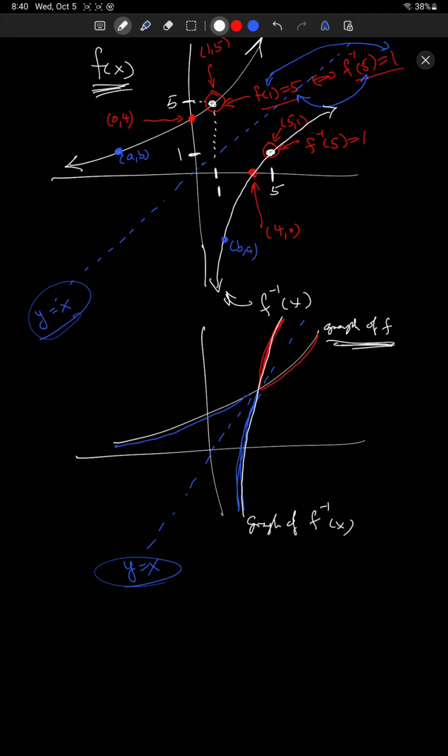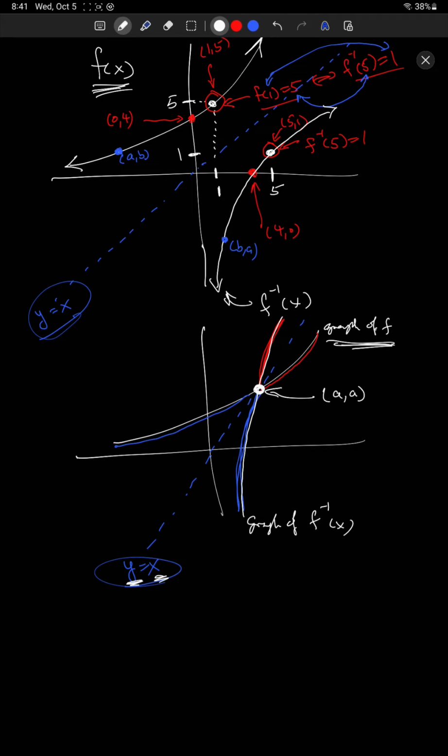All right, notice, of course, on the diagonal, they touch, right? The two graphs touch. And that's because when you're on the diagonal, y equals x, this is the point that has the same x coordinate as the y coordinate, right? Because literally y equals x tells you that.